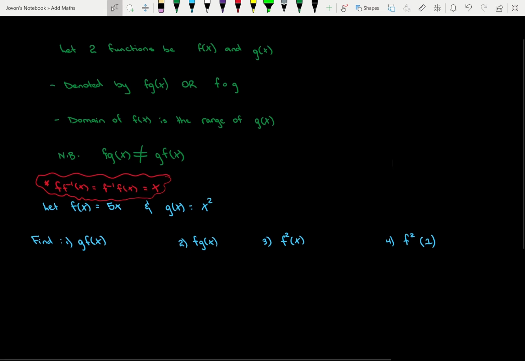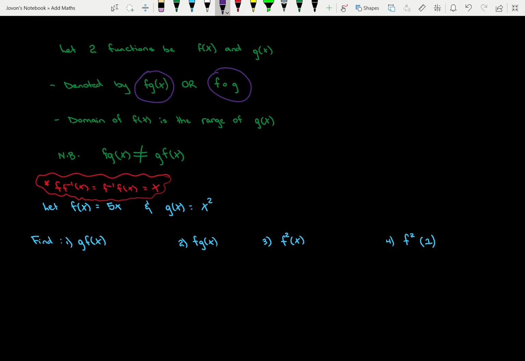Okay, so a composite function is denoted by f of g of x, and we have two notations to it. You can either write it like this, or you can write it like this. The domain of f of x for a composite function becomes the range of g of x. Note that f g of x is not equal to g f of x. It is not commutative. In some cases, you might find that f g of x might be equal to g f of x, but that is not always the case.